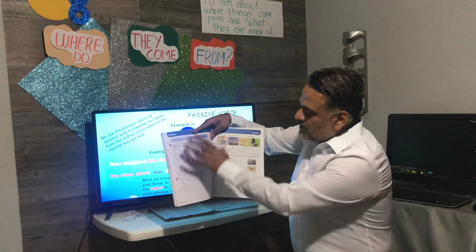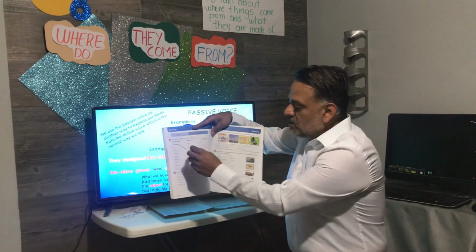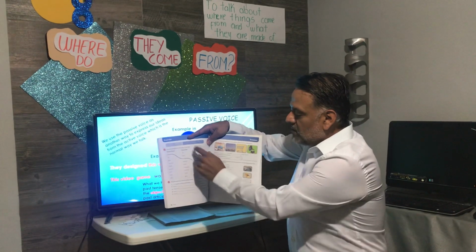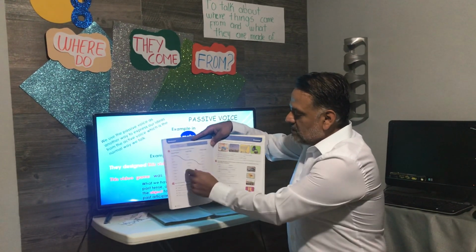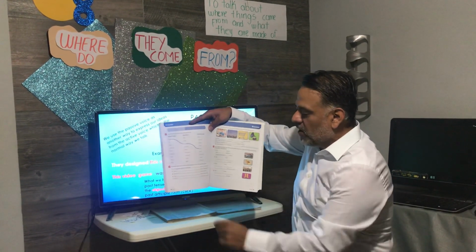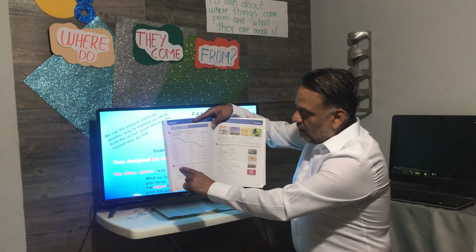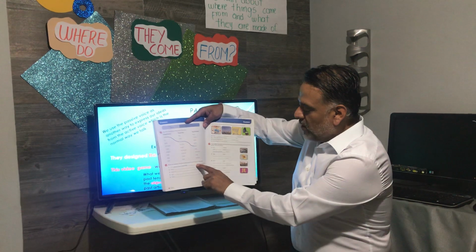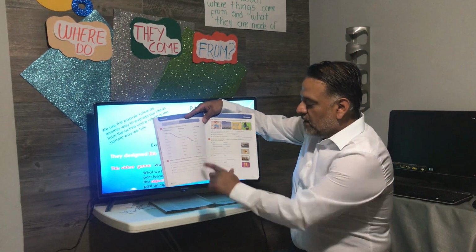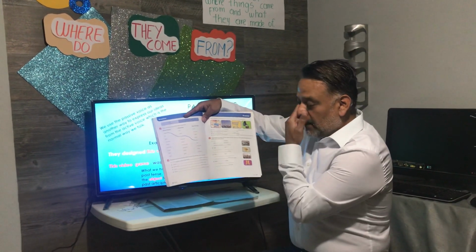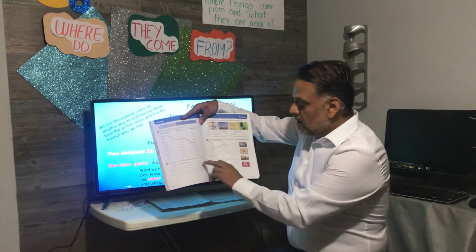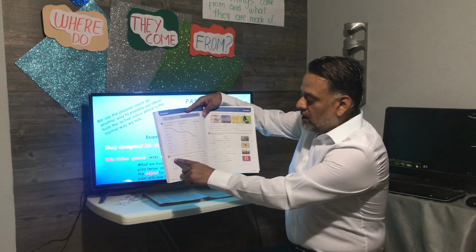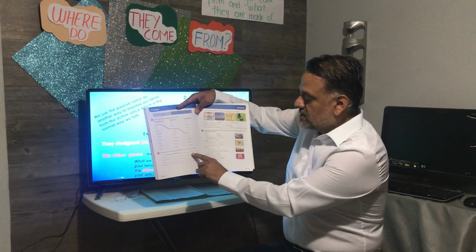Now, on this exercise, you have to pay attention. Most of the simple present verbs usually form the simple past and the past participle in the same way. In exercise 12, we have to write the sentences. Use the simple present form of the verb in the passive. For example, you have the options in parentheses. For example, number one is: corn is grown in the United States.